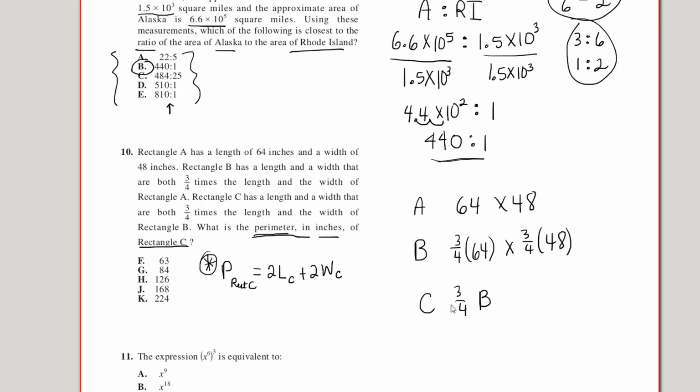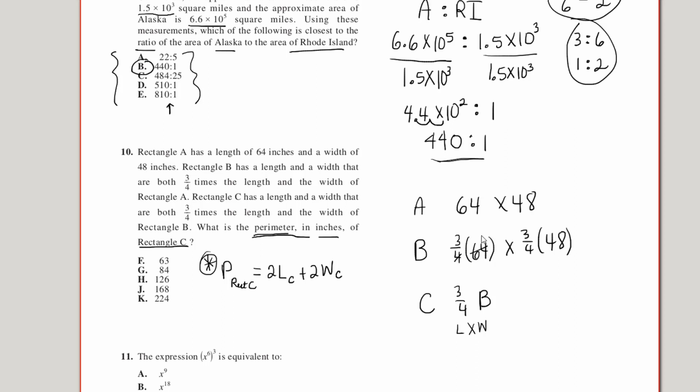Now, we don't know the exact values, though. We're going to have to work backwards. We know the length and width of C is 3/4 that of B, so we need to find what the length and width of rectangle B is. So we have 3/4 times 64.